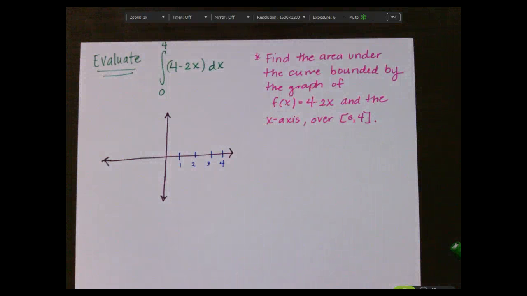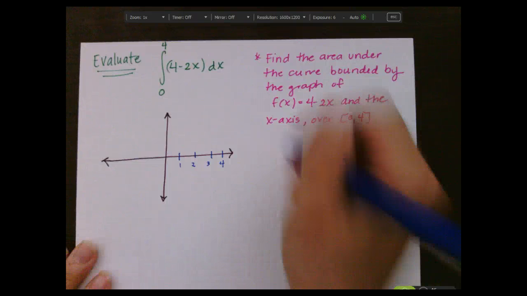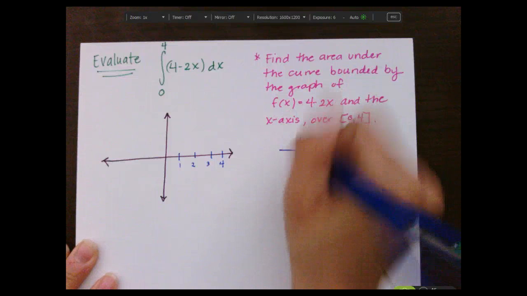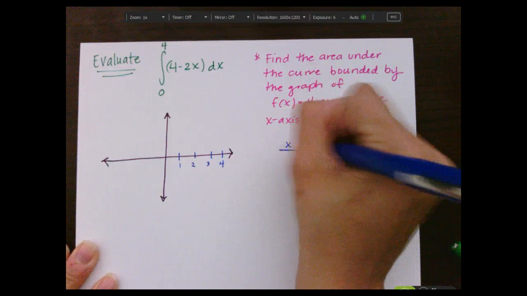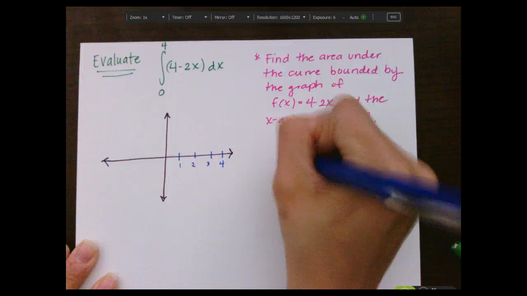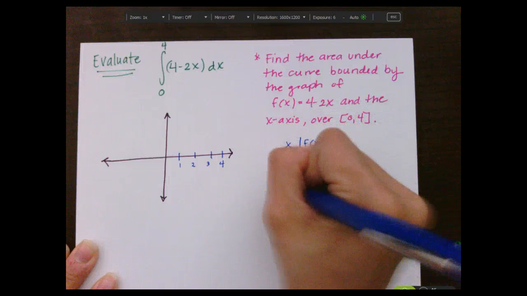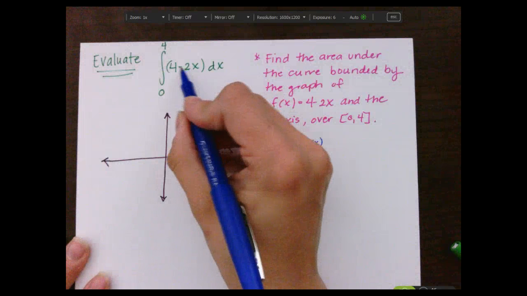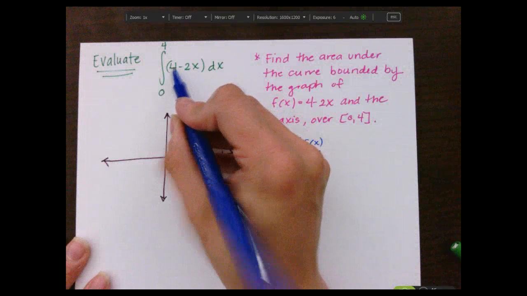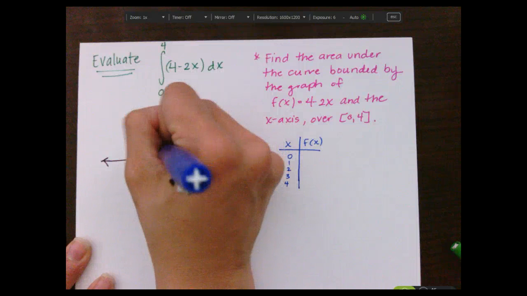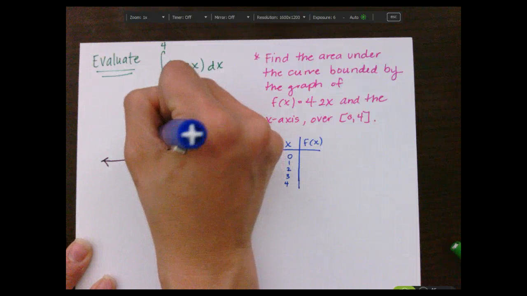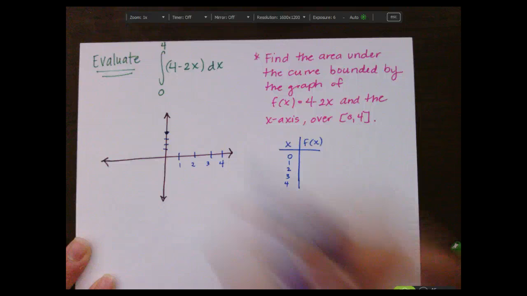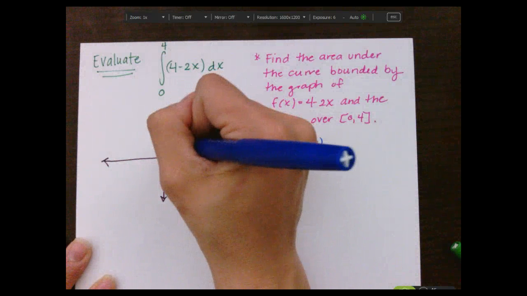I'm not quite sure how I need to scale my y-axis yet, so let's do some thinking. I know I need to go 0, 1, 2, 3, and 4. I need to plot some points. This is clearly going to be a line with a y-intercept at 4 and a slope of -2.